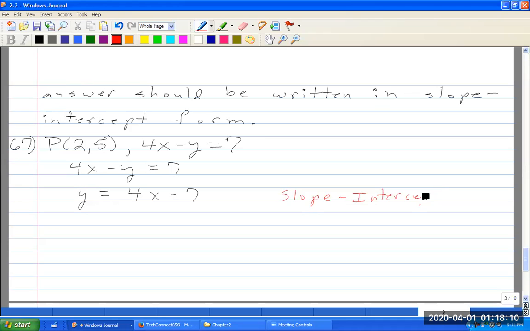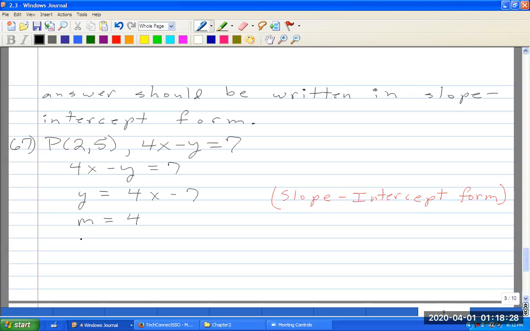Remember that we use slope-intercept form when we have a line given by an equation and we want to determine the slope.